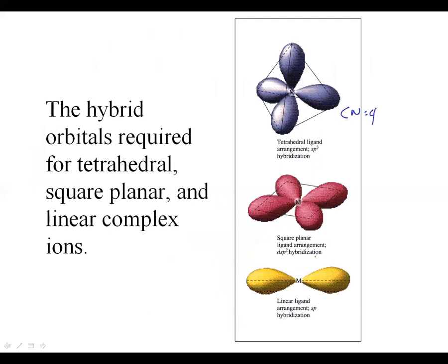We have dsp2, which is also usually a coordination number of 4, your square planar geometry. And we also have sp hybridization, sp being 2 letters, so that is probably your coordination number of 2.